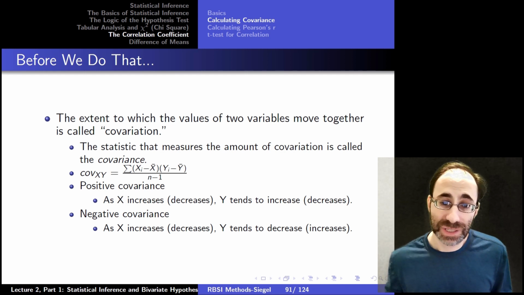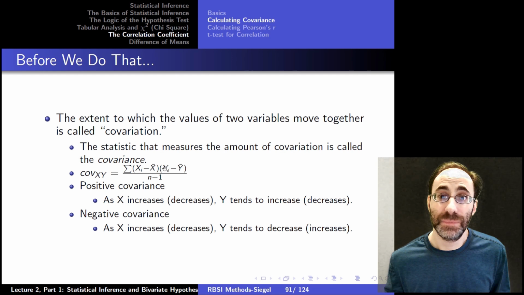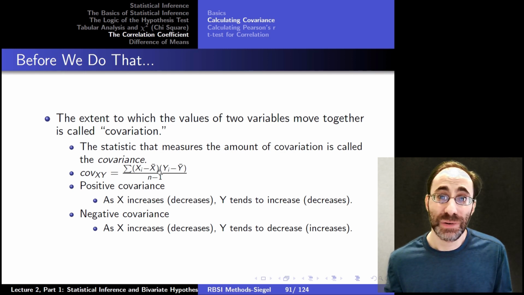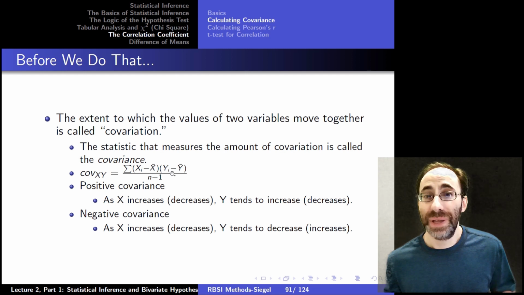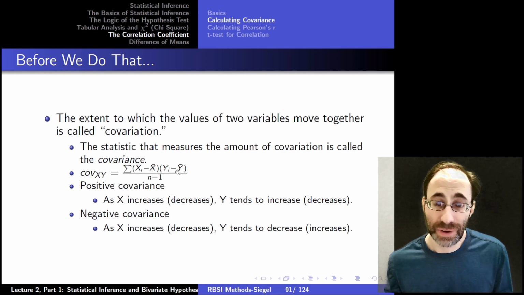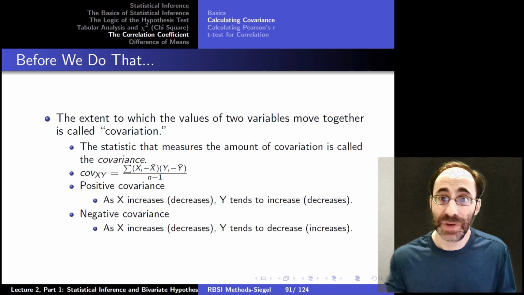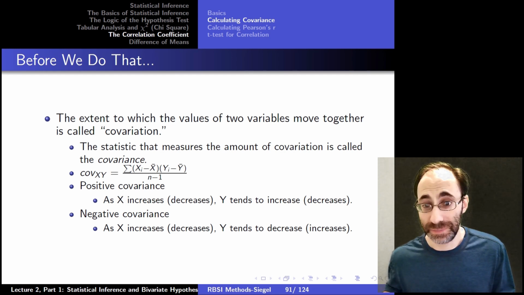So the only difference is, instead of having this second parenthetical expression where the mouse is moving, another xi minus x bar, which would make xi minus x bar squared, you replace it with yi minus y bar. So it's the sum of the deviations in x and the corresponding deviations in y.